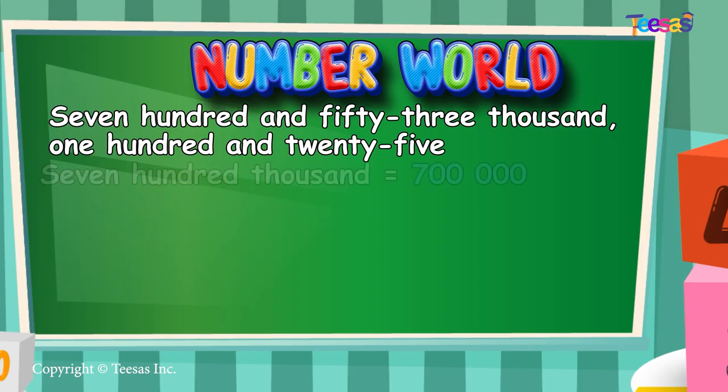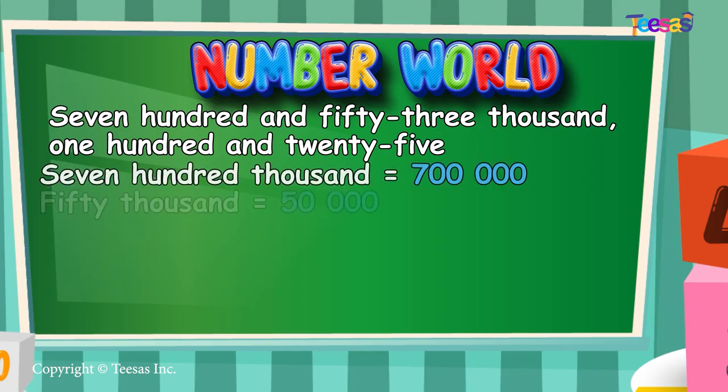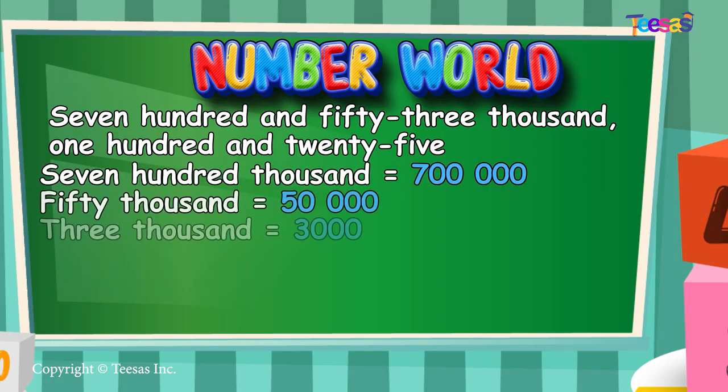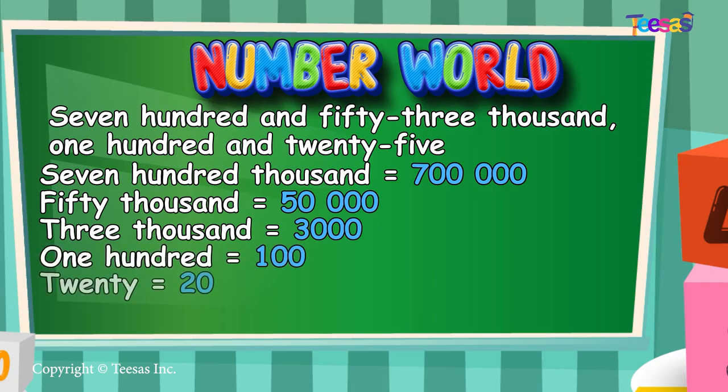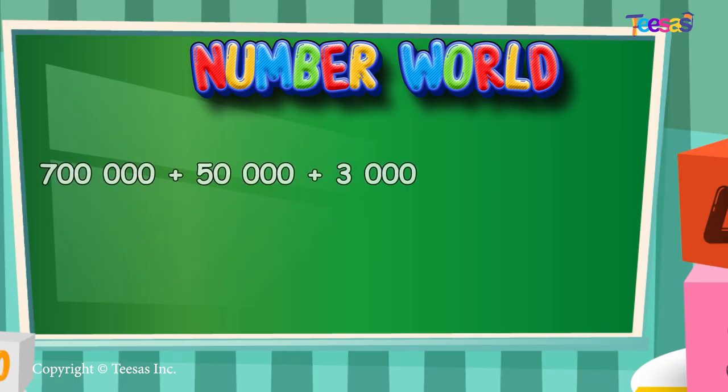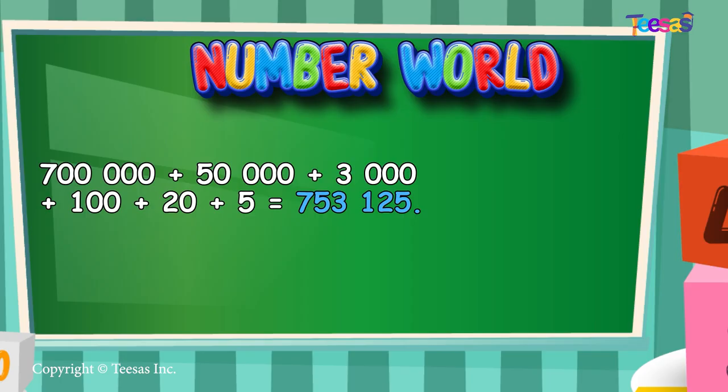We have 700,000, 50,000, 3,000, 100, 20, then 5. Now we add the numbers together. 700,000 plus 50,000 plus 3,000 plus 100 plus 20 plus 5. This gives 753,125.